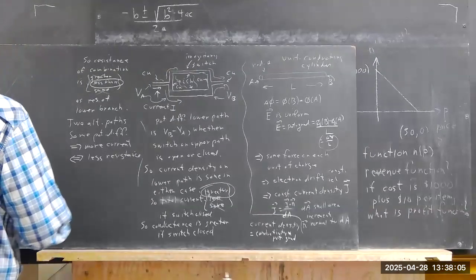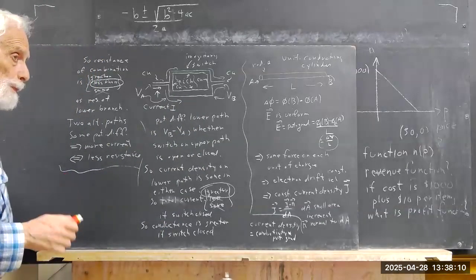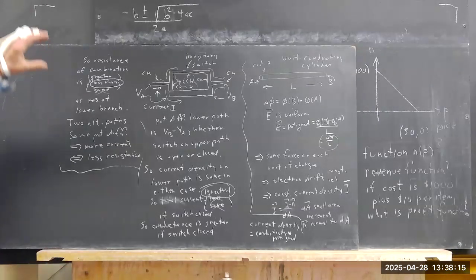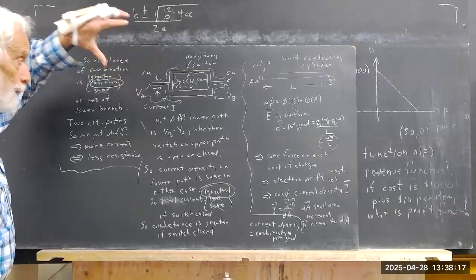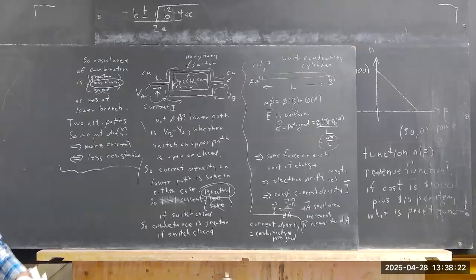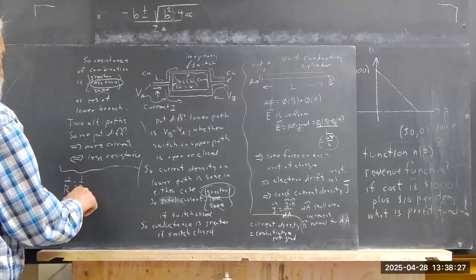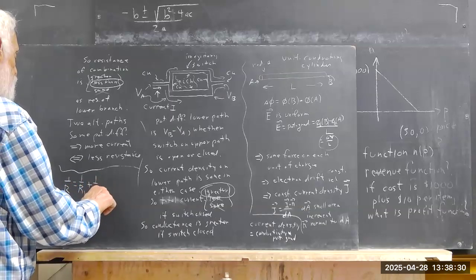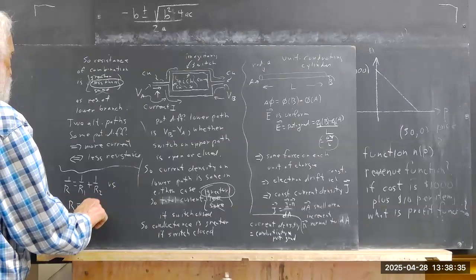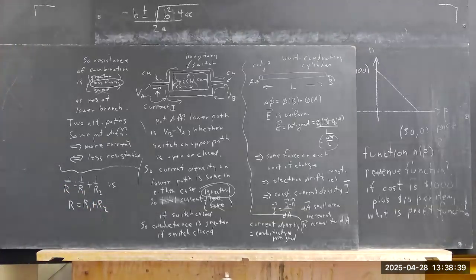Now I'm taking up more time than I intend on this, which is a fairly minor part of things, but I'm addressing a misconception and addressing the conceptual picture you need of conduction in order to make sense of these very simple formulas.